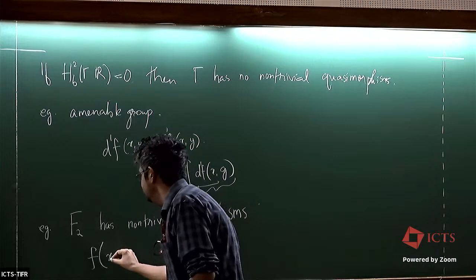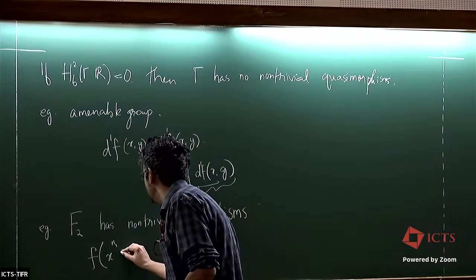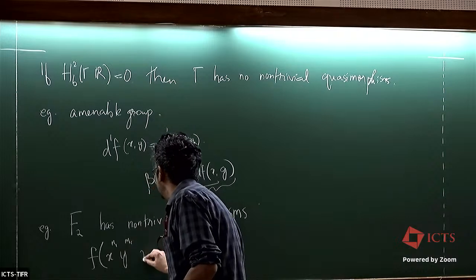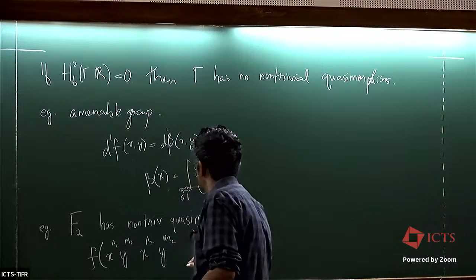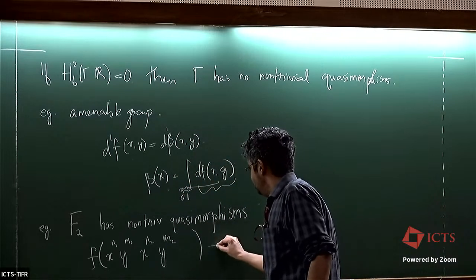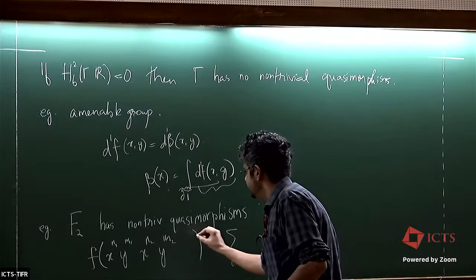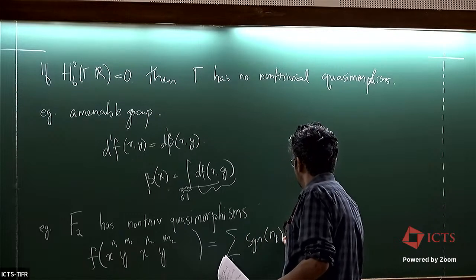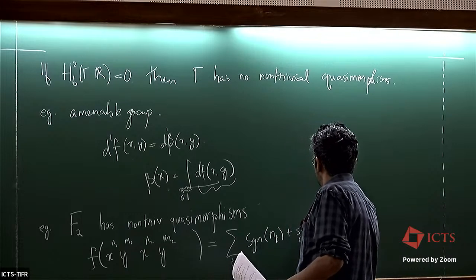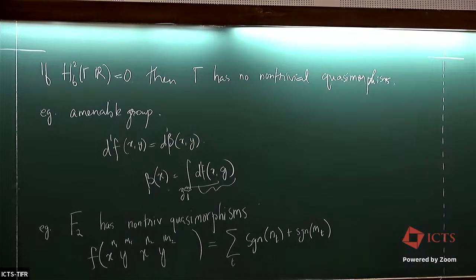So let's say F2 is generated by x and y, and you have some word like this: x to the n1, y to the m1, x to the n2, y to the m2, and so on. I'm going to define f to be the sum over all t of sine of nt plus sine of mt. You need to check two things here.